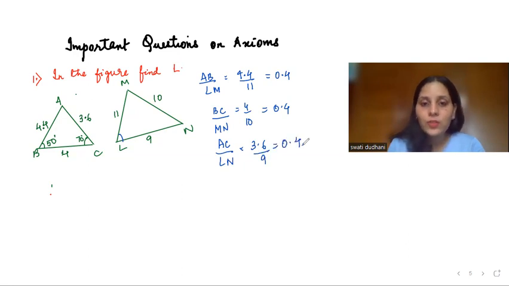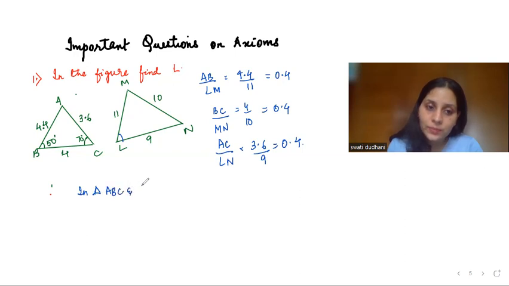It is 0.4 again. So since all the sides are in proportion, we can now write that in triangle ABC and MLN, AB by LM is equal to BC by MN is equal to AC by LN.